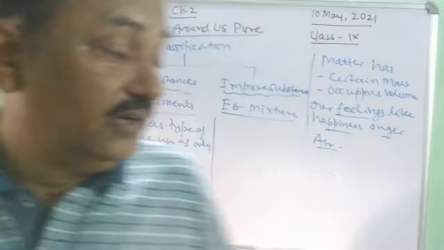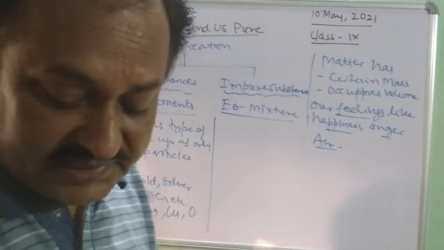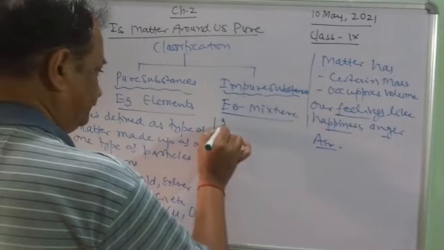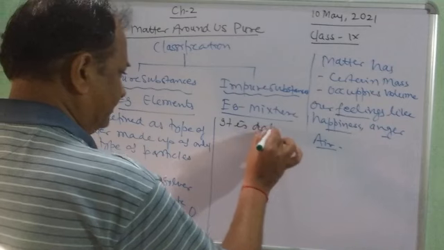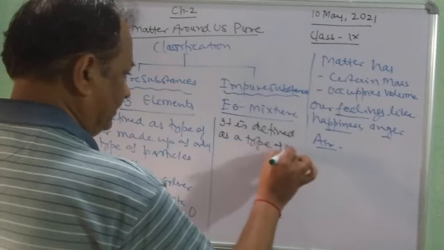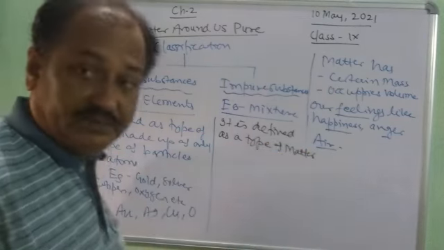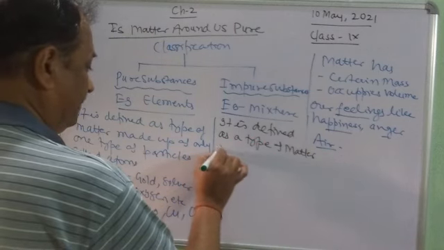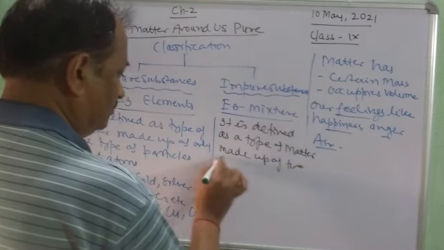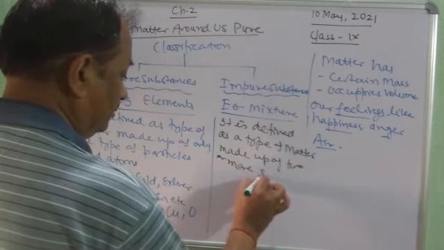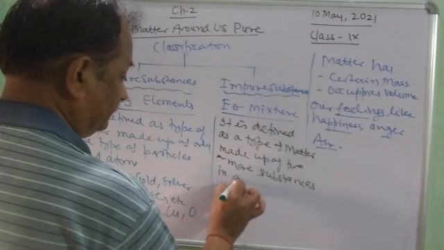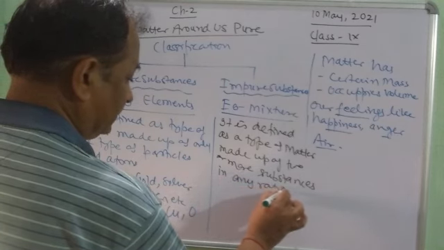Now coming to the second part, the mixture. Again, see the definition: it is defined as a type of matter made up of two or more substances in any ratio.